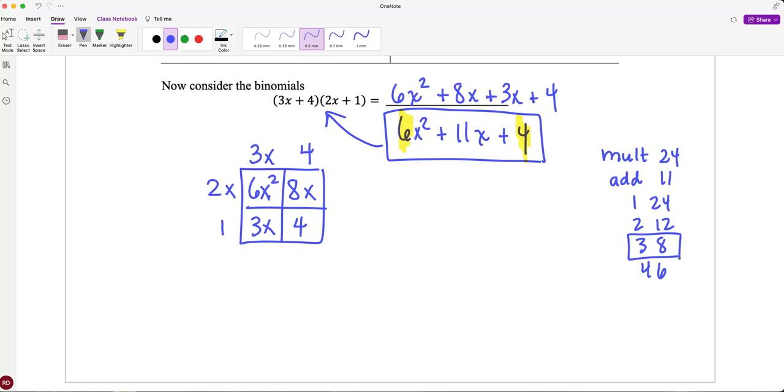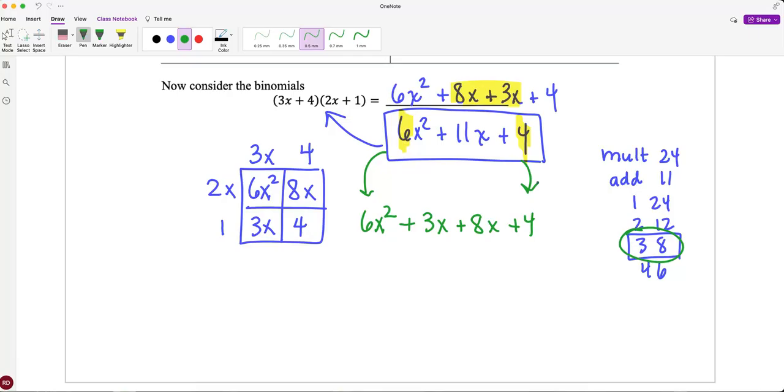And what you're seeing here is, when you look at that 3 and the 8, they're showing up right there. So what I need to do is rewrite this problem as 6x squared plus 3x plus 8x plus 4. So all I did was I rewrote that problem. Instead of the 11x, I wrote 3x plus 8x.